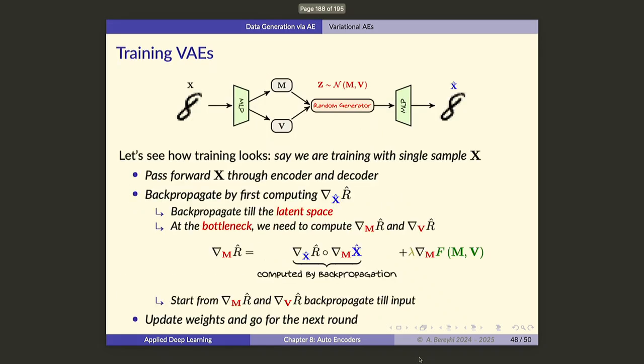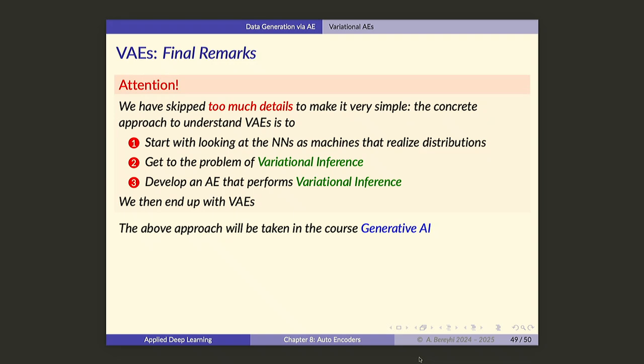So this is going to be the training. One final remark that I want to tell you, I said at the beginning, this whole idea comes from the idea of variational inference. It means that you want to somehow construct the Bayesian estimator of your data distribution, but you don't know what is the distribution of the latent space.